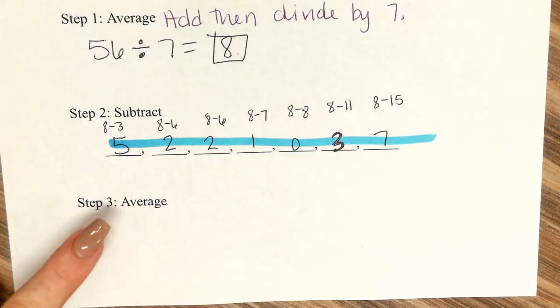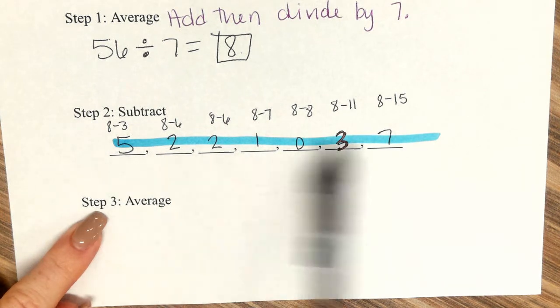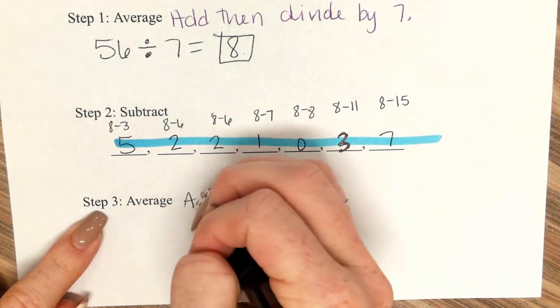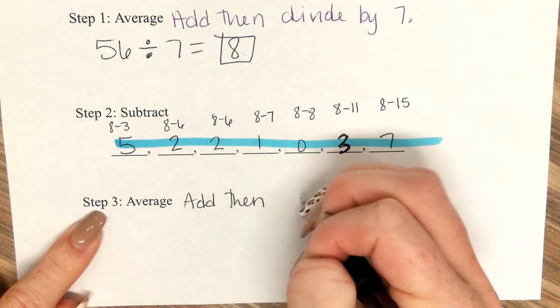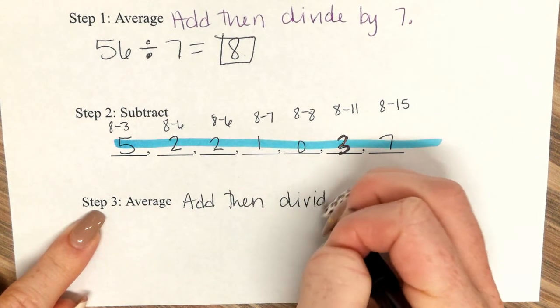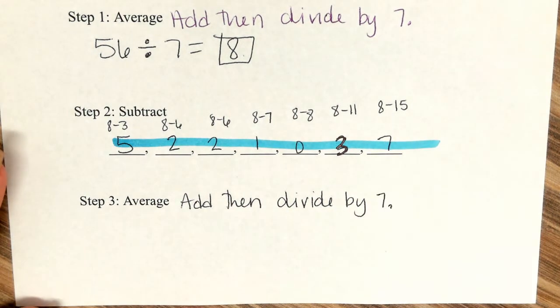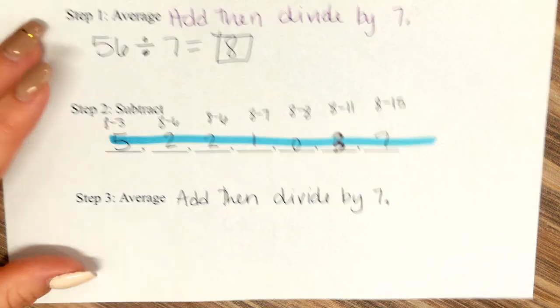Okay? All right, step 3, you're going to average your new list of numbers by adding, then dividing by 7 because there's 7 numbers. And yes, the 0 counts. Yes, the 0 counts. You just use your calculator.